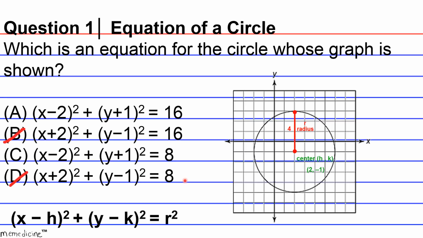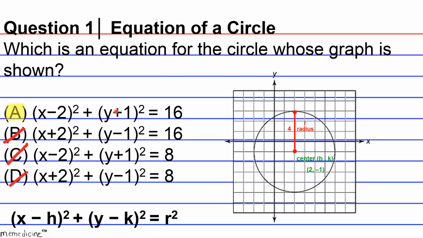We're taking the positive square root because when you take the square root of a square, you could get a negative or a positive answer, but since we're dealing with a magnitude, it's always positive. So if you square 4 and not multiply it by 2, you end up with 16, not 8, so you can eliminate answer choice C.